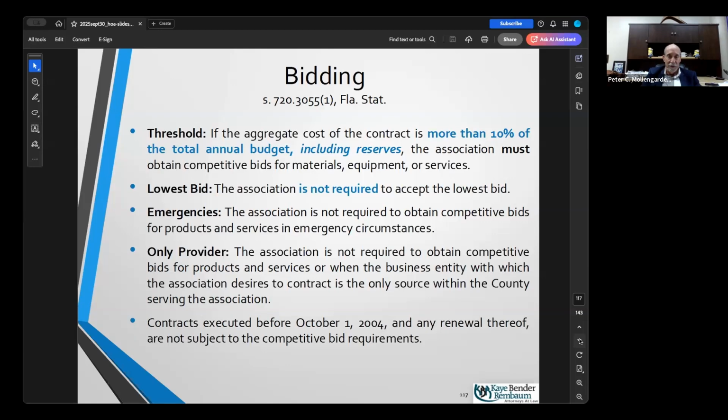So if there's only one provider in the county of this thing or service or item, you don't have to get bids. Contracts executed before October 1st of 2004 and a renewal thereof are not subject to the competitive bid requirements. That's over 20 years ago now, but still in the law.